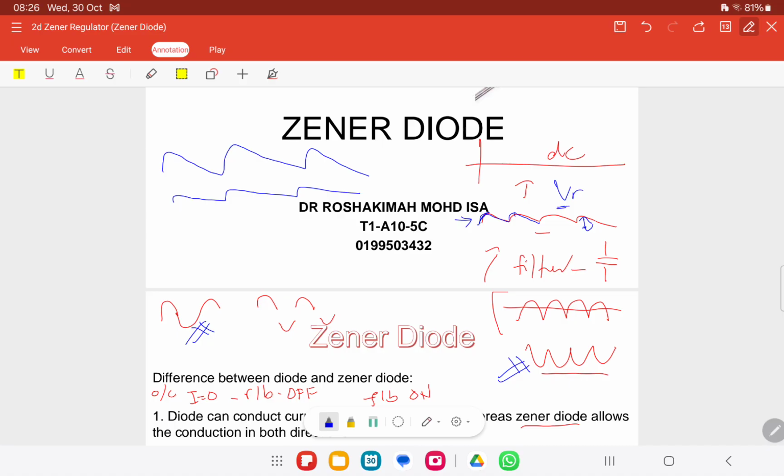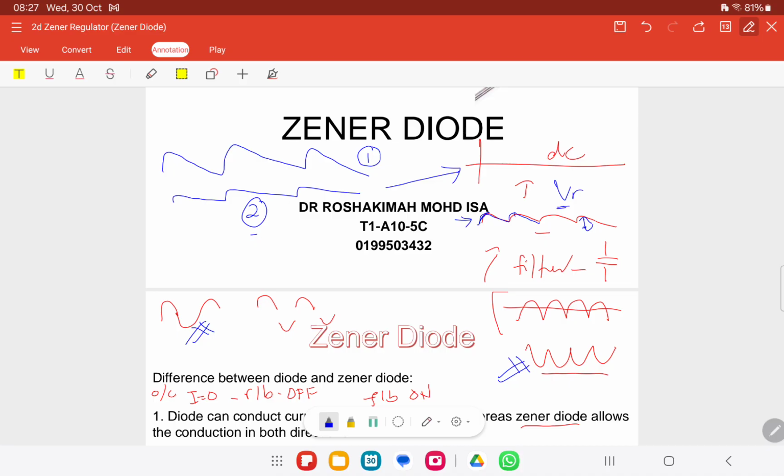Top or bottom? Because number 1 has larger variations of voltage, meaning its ripple factor is large, not very stable. Number 2 has smaller variations of voltage, and its ripple factor is small. Between 1 and 2, which one is easier to turn into a DC straight line? Number 2, right? So number 2 is more stable.